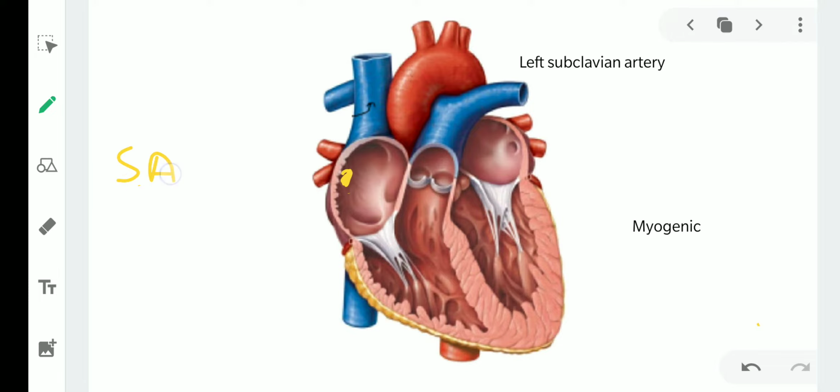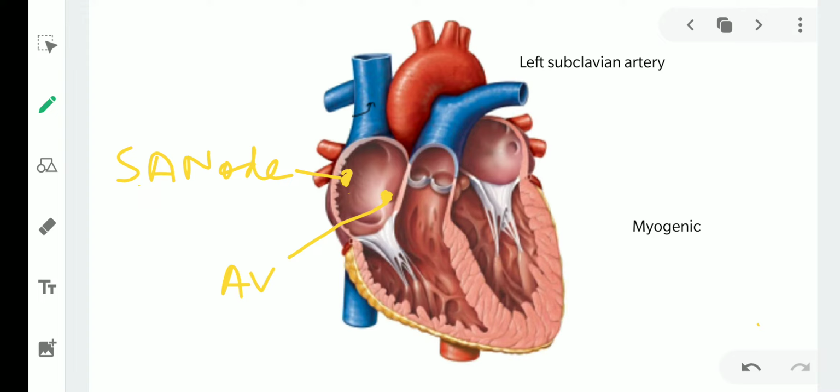The sinoatrial node is present at the top of the atria, and at the bottom of the atria the node present is known as the AV node.